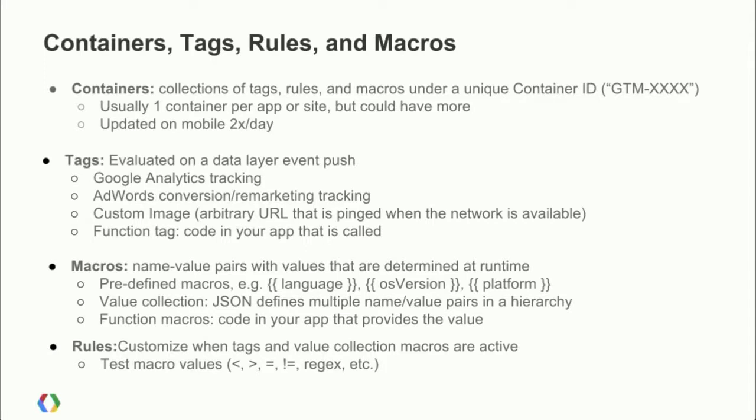What rules get to do is test macro values. So you can do both numeric comparisons as well as string comparisons, like regexes and so on. For a given tag, you can specify it will execute if any of these rules are true, and as long as none of these other rules are true. So you can have both enabling and disabling, or allowing and blocking rules.